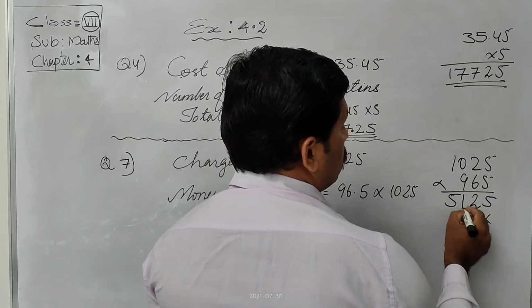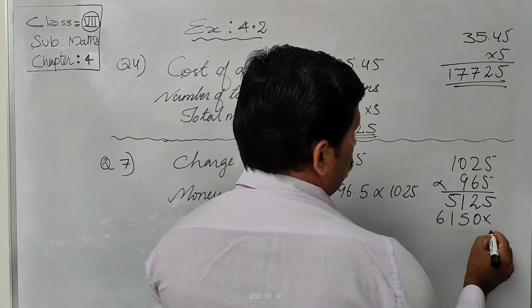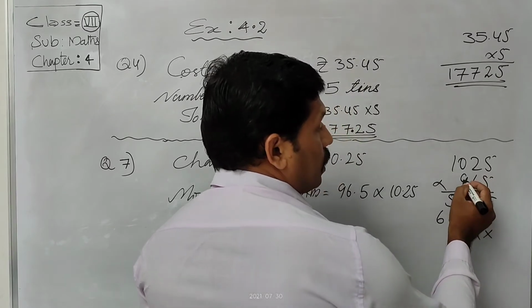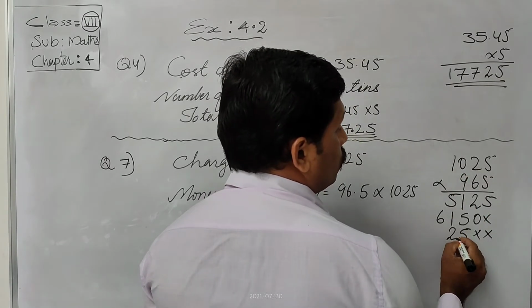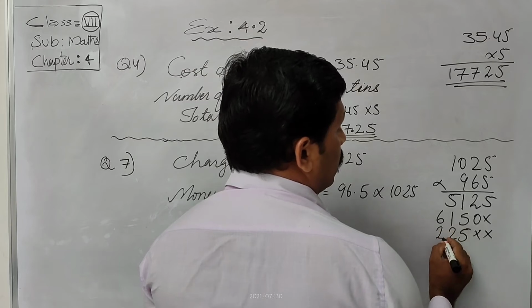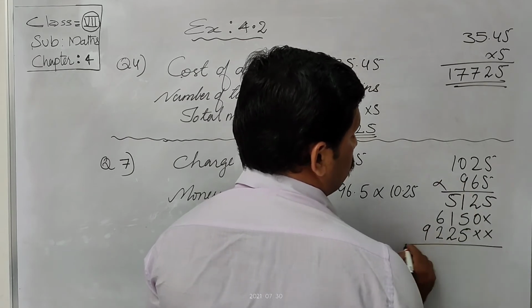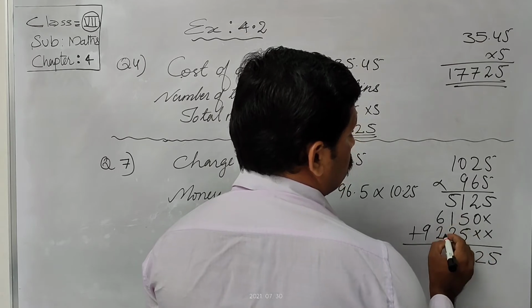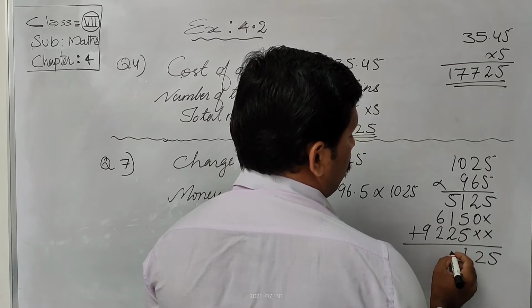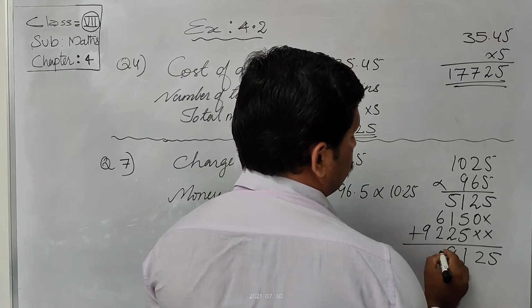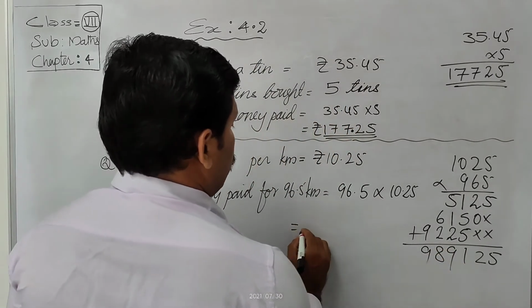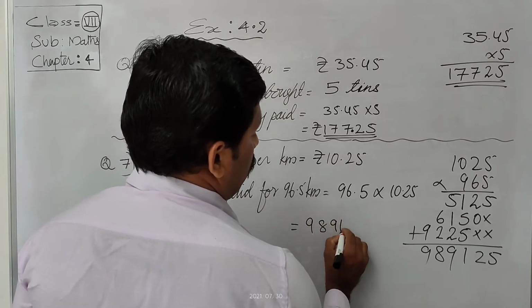And here 6 1s are 6. The next, 9 5s are 45, remainder 4. 9 2s are 18 plus 4, 22, remainder 2. And then 9 1s are 9. Then we add: 5, 2, 11, 9, 8 and 9. So the answer we write is 9, 8, 9, 1, 2, 5.